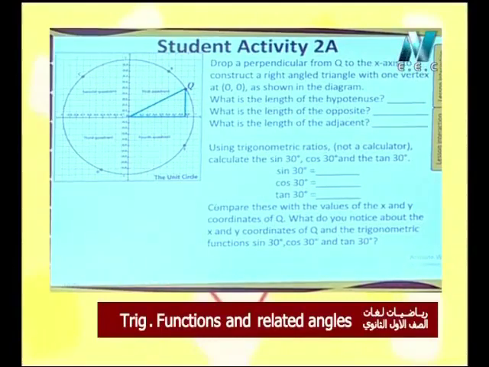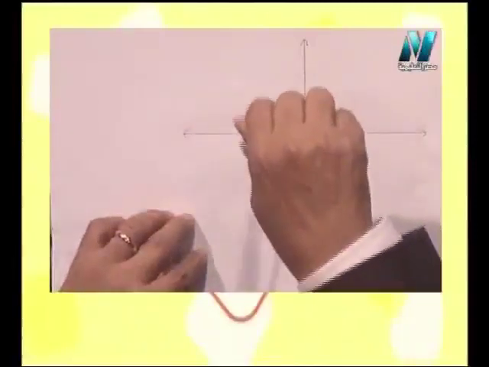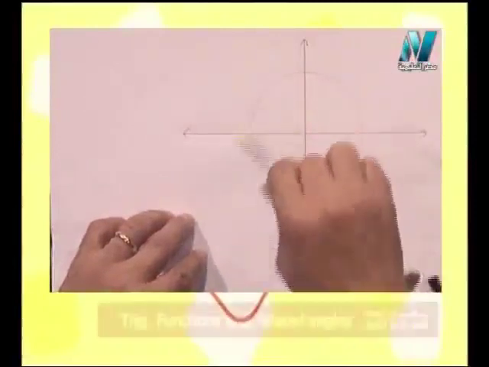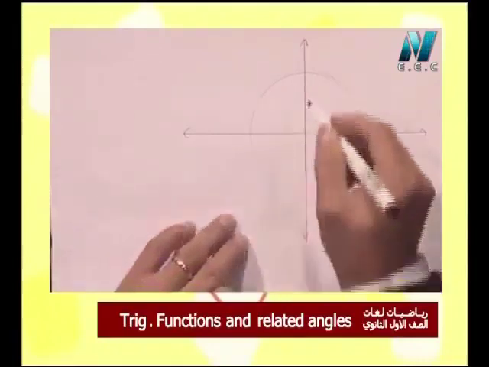Okay, my dear students, let me explain it to you now. We have here the unit circle, and we try to draw it with unity. We agreed that the center here is the origin point. We have a circle here.